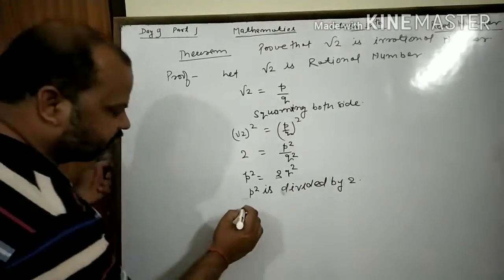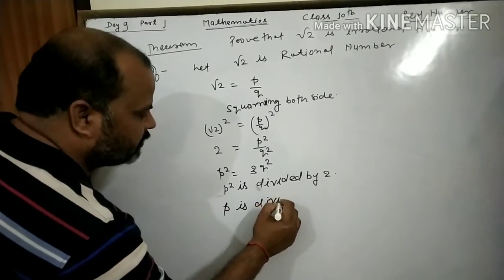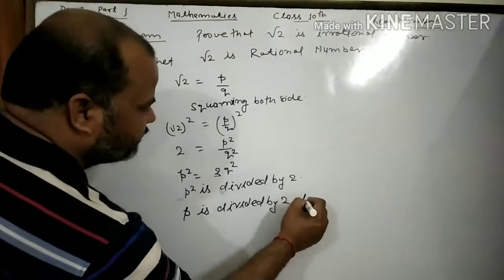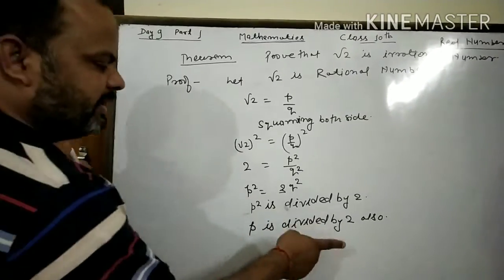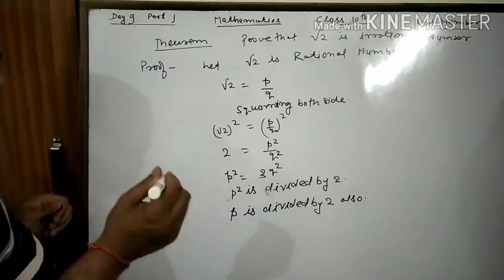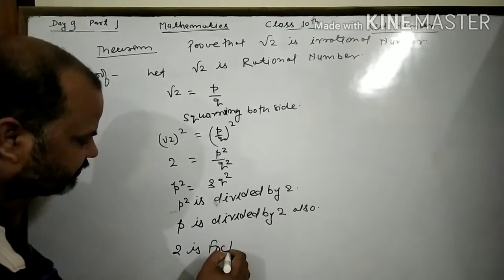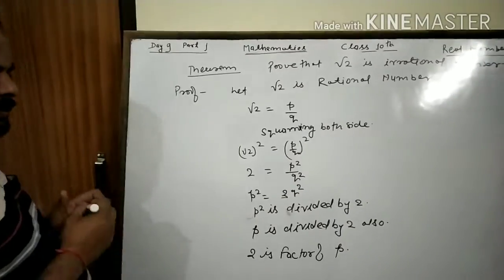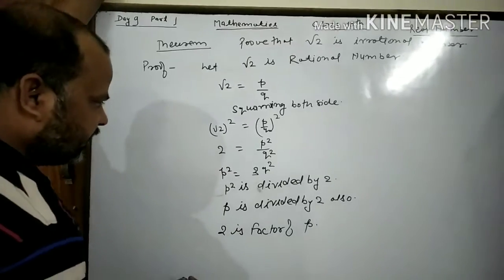That means p is divisible by 2 also. It means p is divisible by 2. It means 2 is a factor of p. Clear?